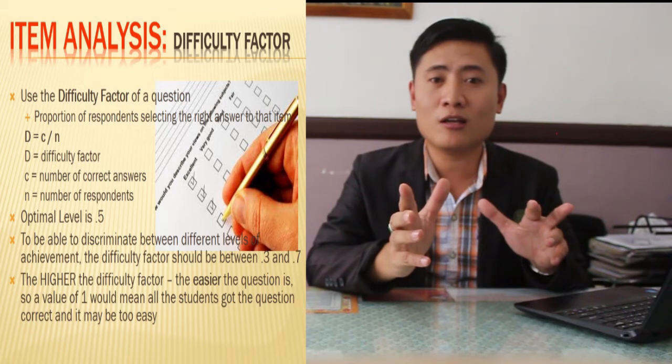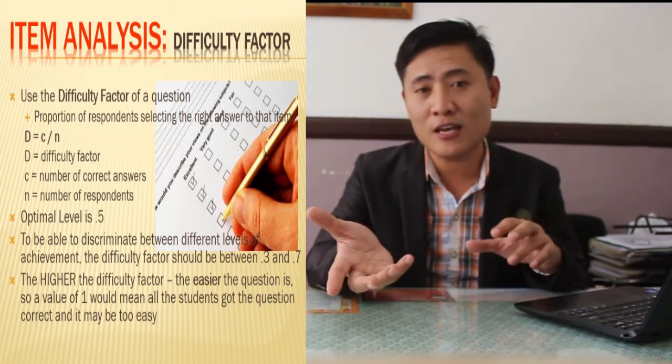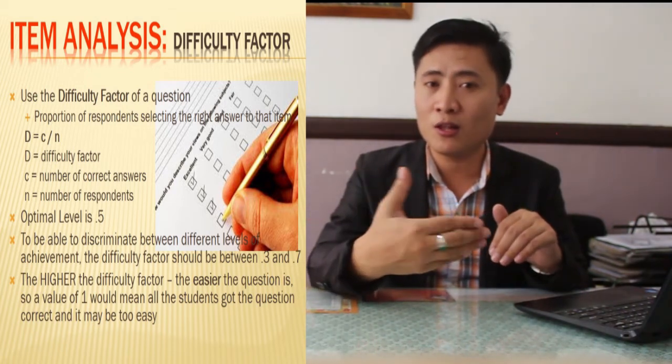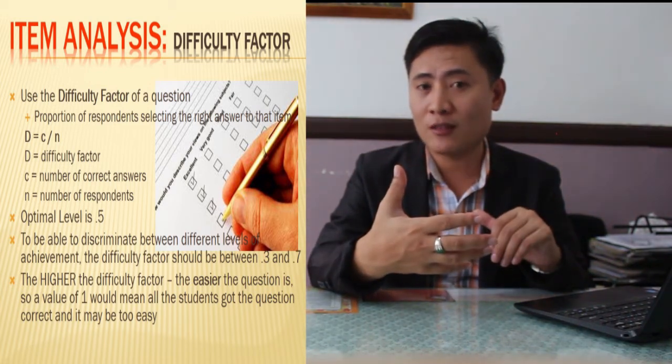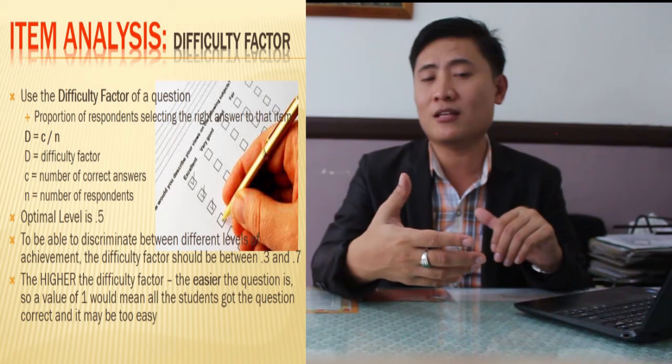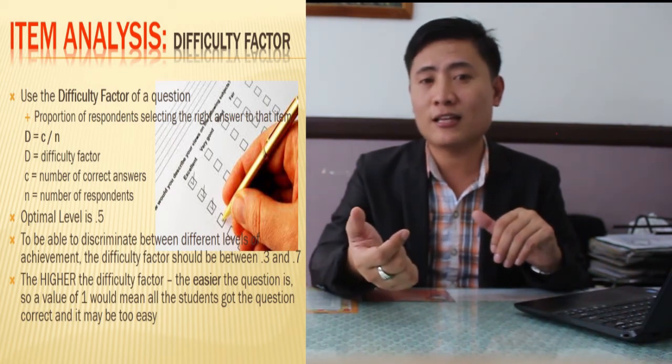Beyond that, you must consider rephrasing. For example, 0.3 below means that it is a very difficult item, and more than 0.7 means it is a very easy test item. So you have to rephrase if you find items on those limits.